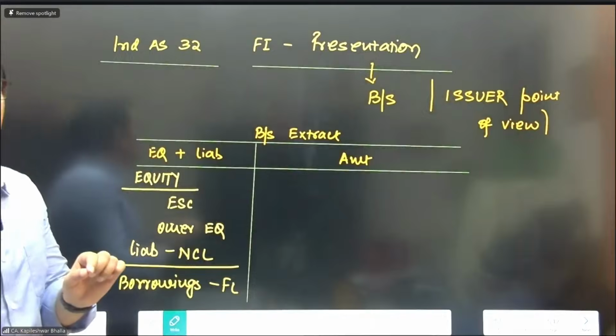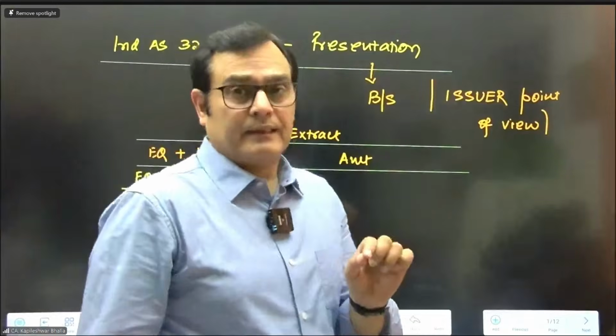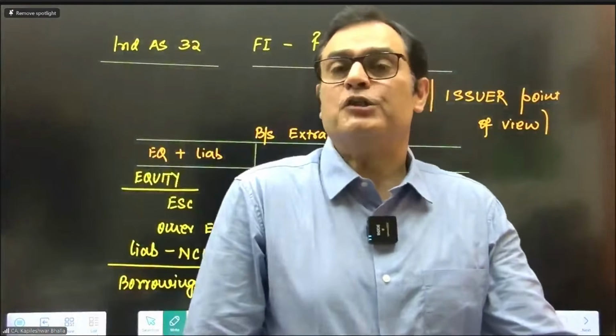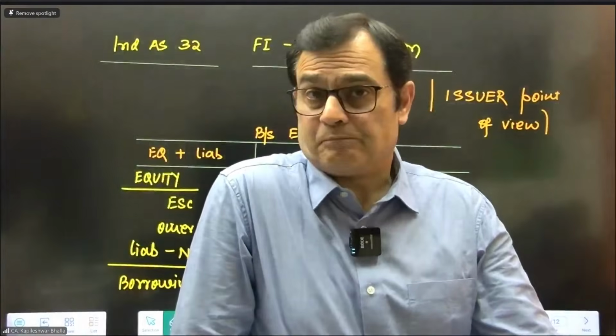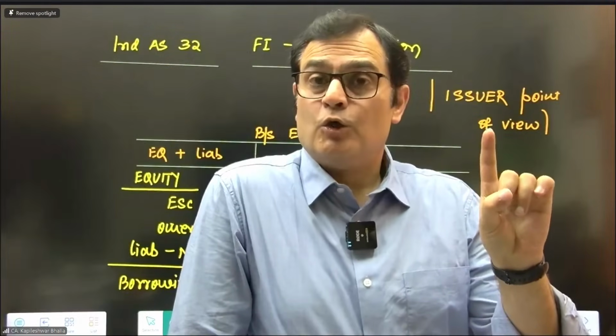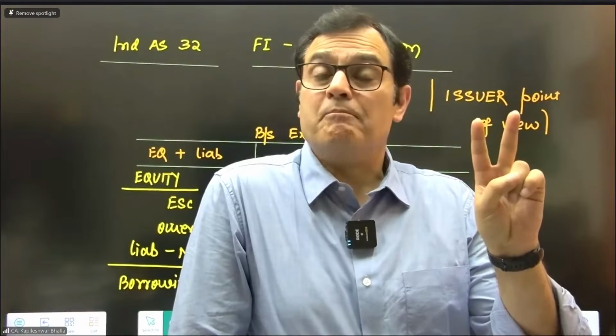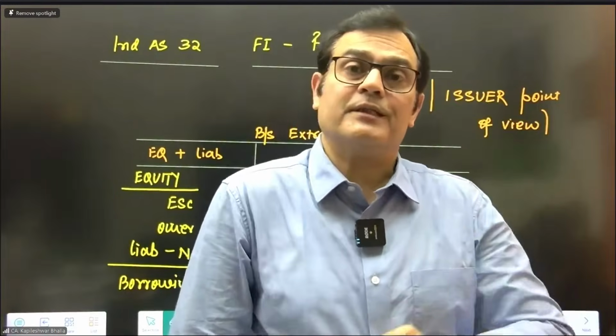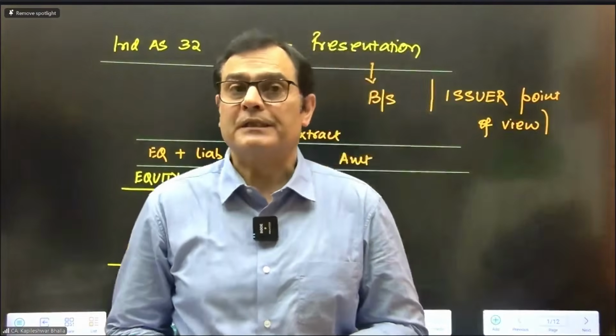Just to recall, there are typically three kinds of instruments from the issuer perspective. Either you classify it as an equity instrument, or as a compound financial instrument, or as a financial liability.